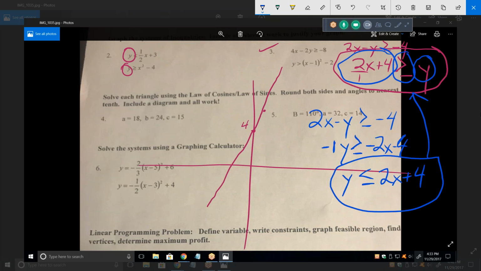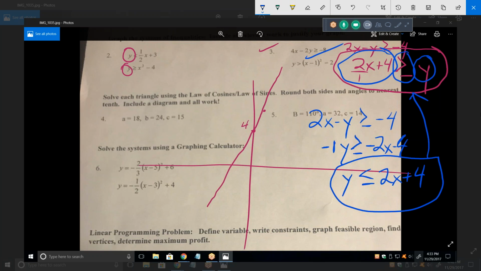There's an advantage to doing it the first way, which is I don't have to deal with dividing both sides by a negative number. In other words, I never had to switch the direction of the inequality sign. And I did have to do that in the blue method.